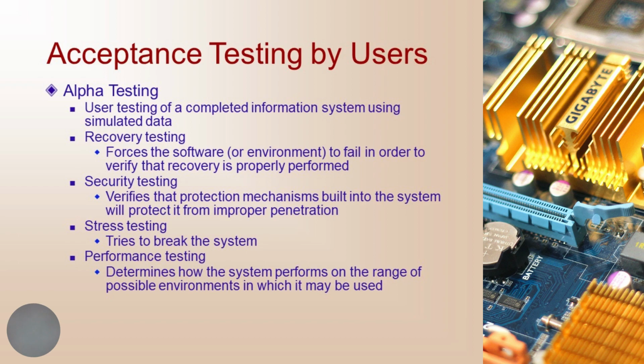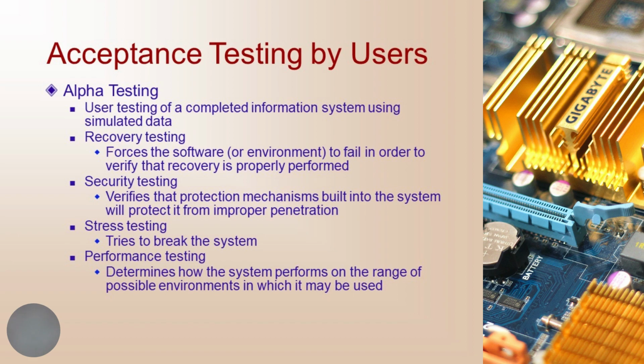Acceptance testing by users. Alpha testing: user testing of a completed information system using simulated data. Recovery testing forces the software or environment to fail in order to verify that recovery is properly performed. Security testing verifies the protection mechanisms built into the system will protect it from improper penetration.